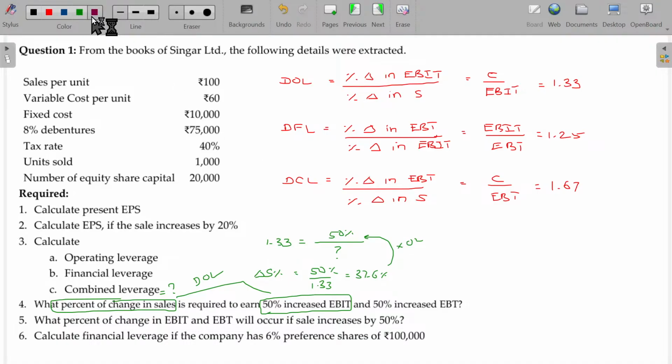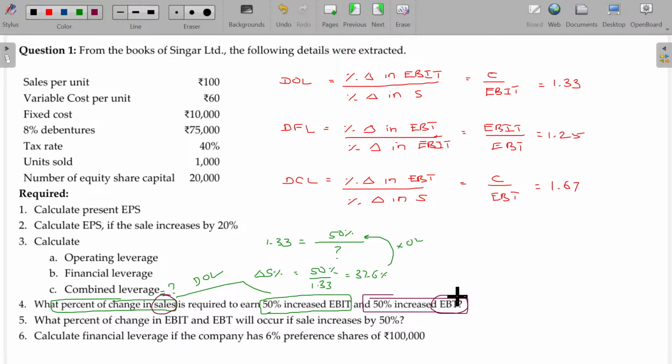Second one is all about percentage change in sales required to earn 50% increase in EBT. Now the link is between what? Sales and EBT.